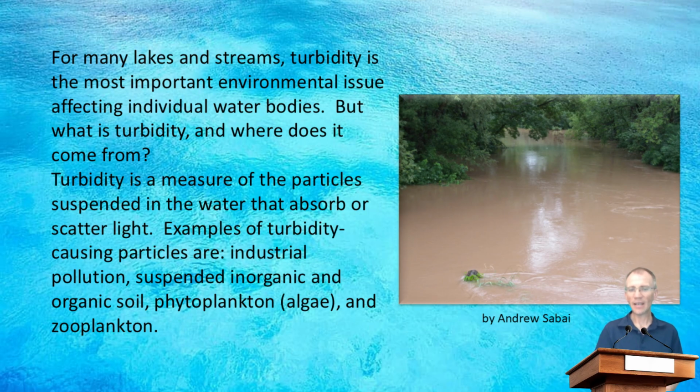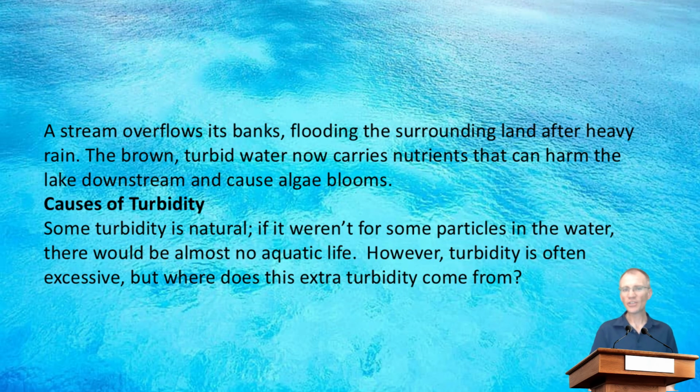Examples of turbidity causing particles are industrial pollution, suspended inorganic and organic soil, phytoplankton, also known as algae, and zooplankton. A stream overflows its banks, flooding the surrounding land after heavy rain. The brown, turbid water now carries nutrients that can harm the lake downstream and cause algal blooms.